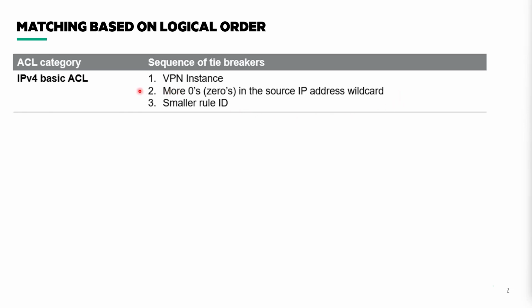Once that's finished, then it will look at the smaller rule ID, so from rule say 5, 10, 15, 20, 25, and so on. That's a unique feature inside Comware. We call it auto mode.